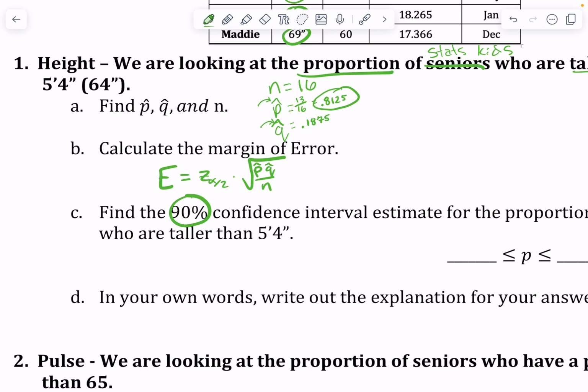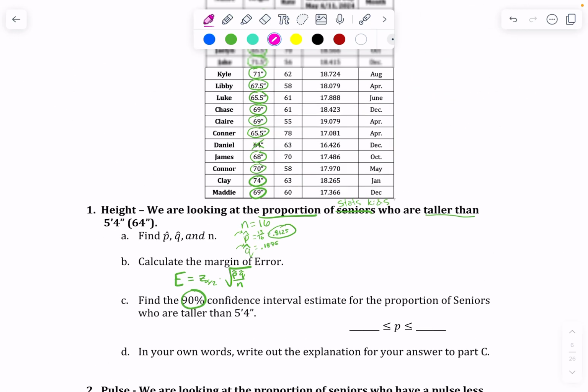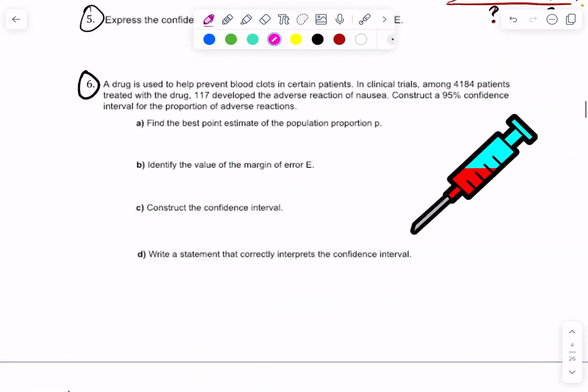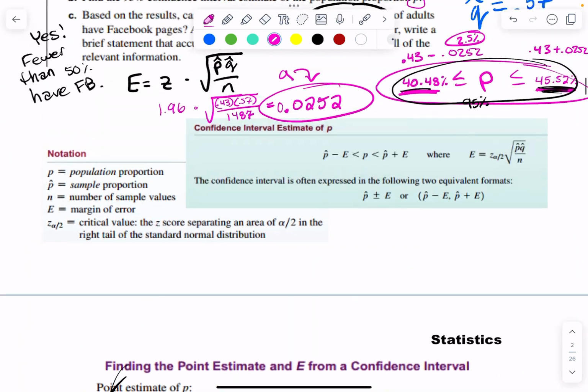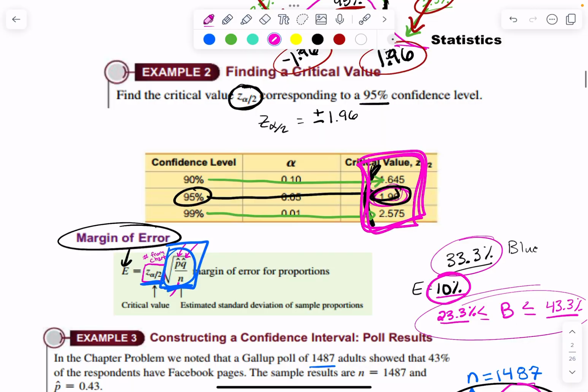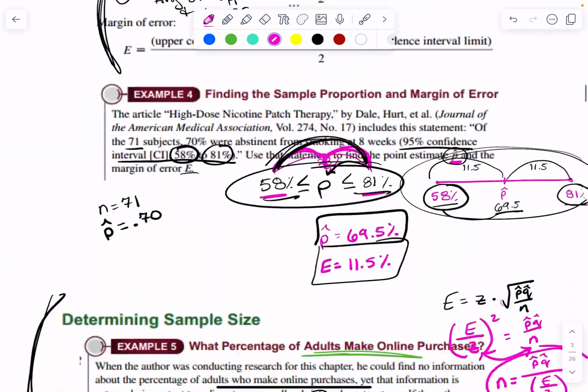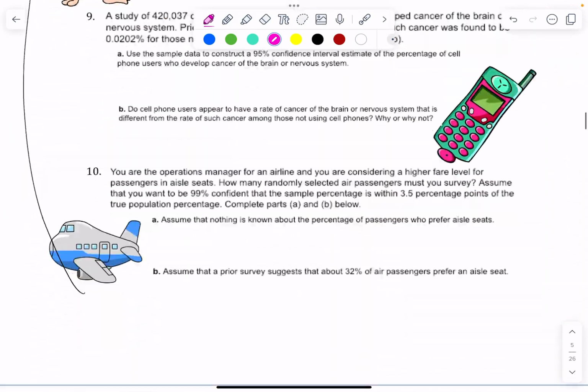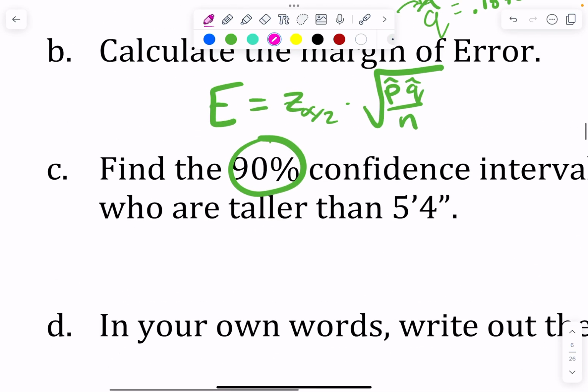So we're going to use the 90% number for our z value for margin of error. 90% was, I've got to remember, 1.645. I think 1.96 was 95. I don't remember. 1.645 and 1.96. 1.645 was 90%. Okay, sorry, I'm going to make you dizzy. So that's the z that I'm going to use.